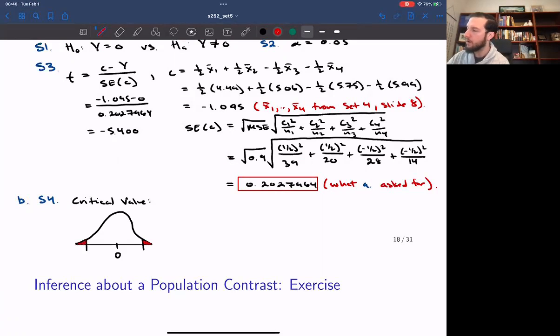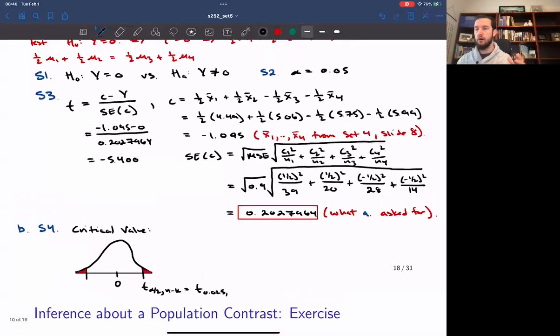This is going to be a t-value with alpha over 2 and n minus k degrees of freedom, so a t-value on 0.025. For n minus k, we add all of the sample sizes together and subtract the number of means, so we have 101 minus 4. This is a t-value on 0.025 and 97.